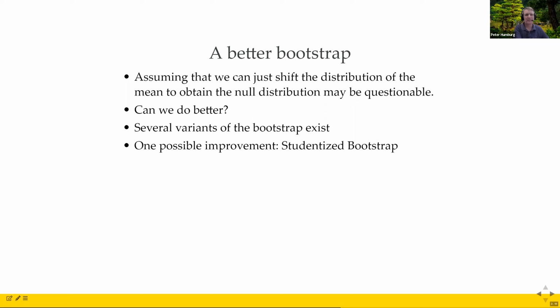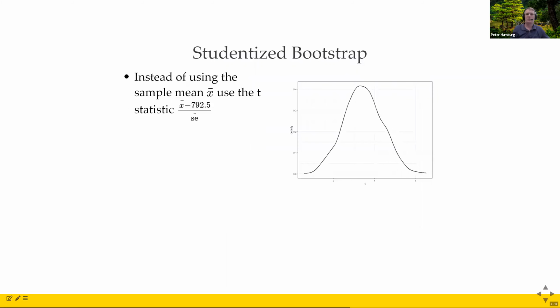But one first improvement is to use what is called a studentized bootstrap. And here the idea is that instead of working with the means directly, where we compute the mean for each of our bootstrap samples, we compute the t-statistics basically, right?